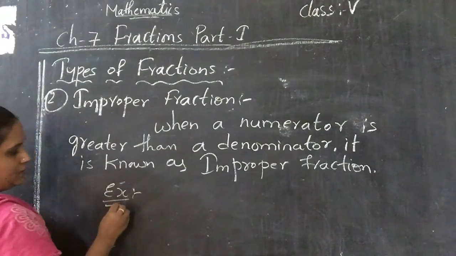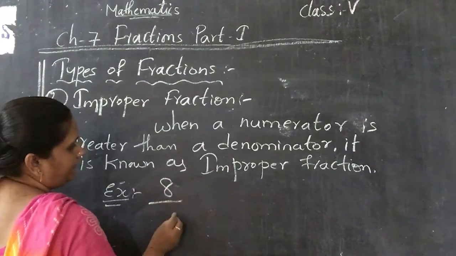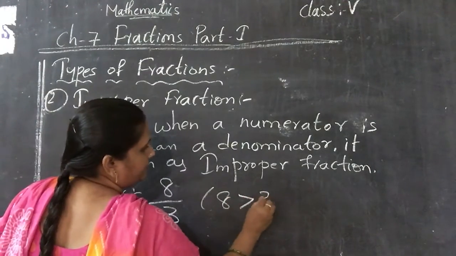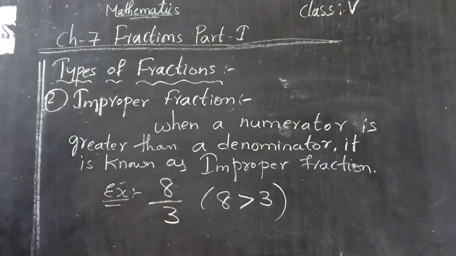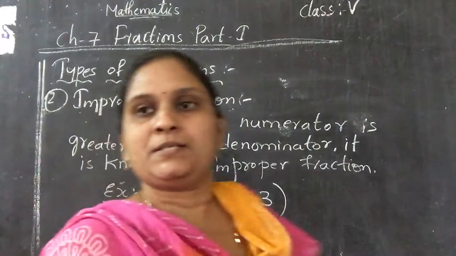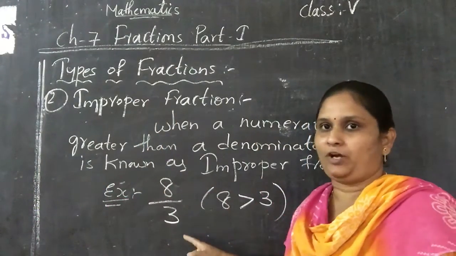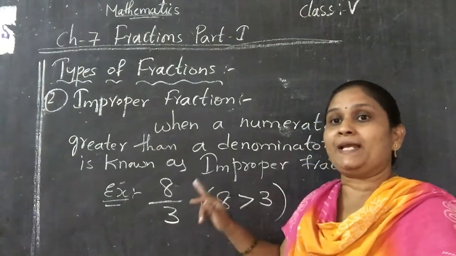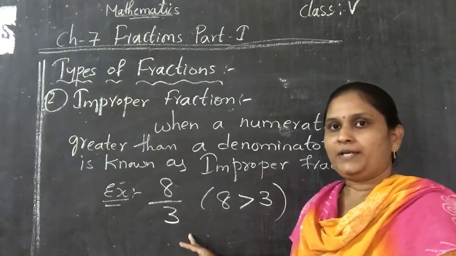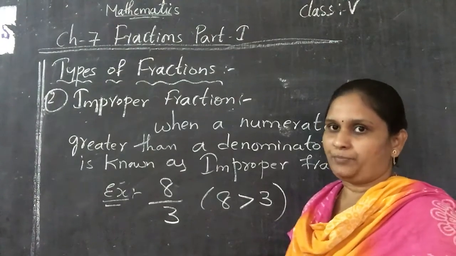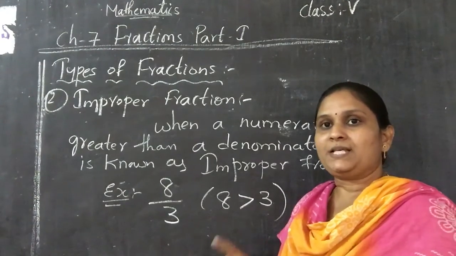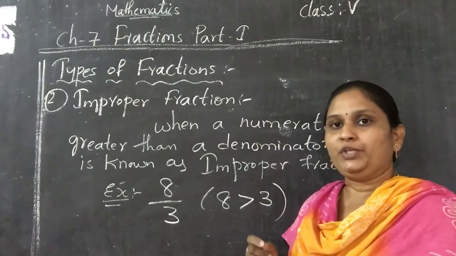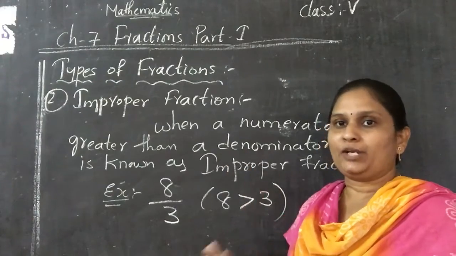Example, 8/3. So 8 is greater than 3. Proper fraction means the numerator is less than the denominator. Improper fraction means the numerator is more than the denominator.